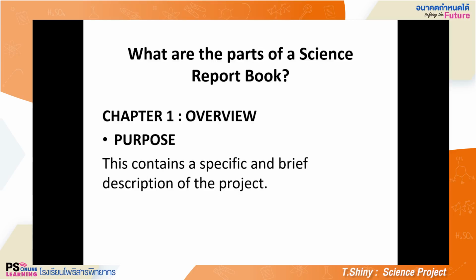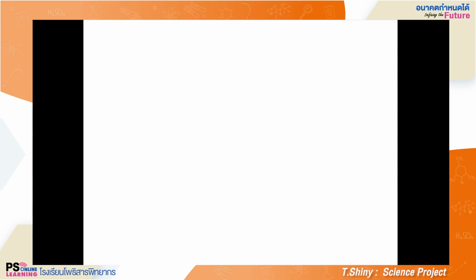That is the purpose. The purpose of an experiment is to test out your hypothesis. If your hypothesis is correct, then it is a theory that could work every single time the experiment has been performed by a scientist. So basically, the purpose of your experiment is to test the hypothesis, to test the problem of your science project.